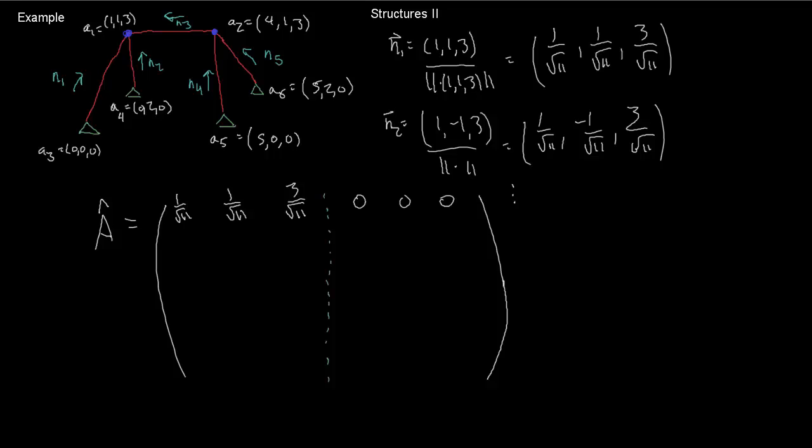I'm only dealing with what's going on with nodes 1 and 2. Similarly, N2, which points between 1 and 4, will have N2 sitting in the first block and minus N2 sitting in the fourth block, which I've deleted.